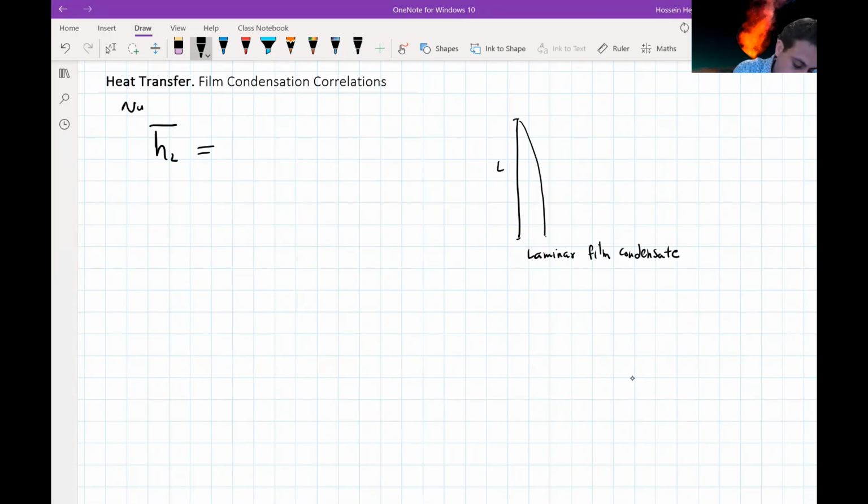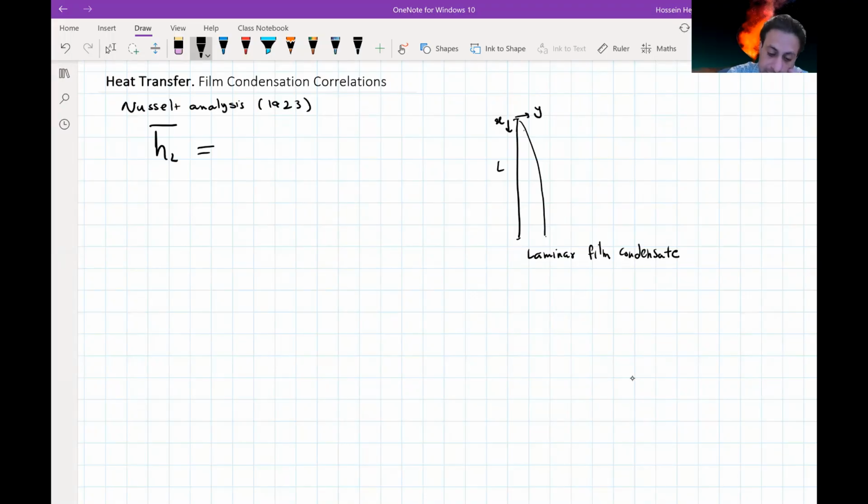So this is by Nusselt analysis in 1923. He developed a relationship for the average heat transfer that can happen.